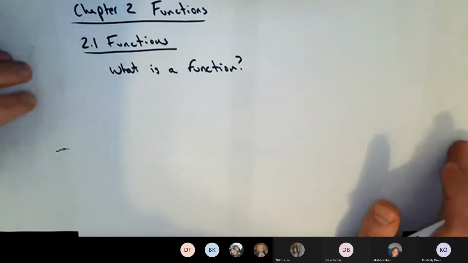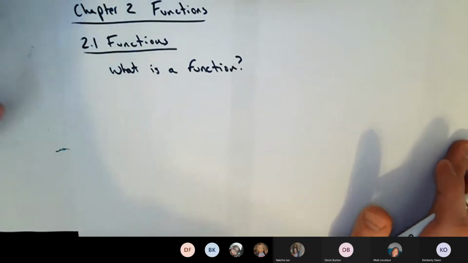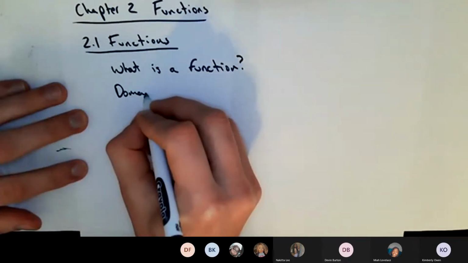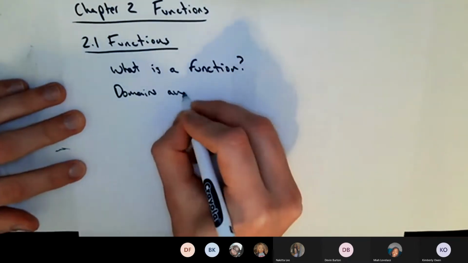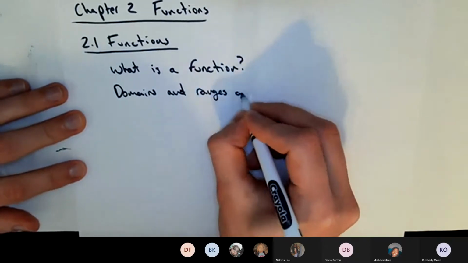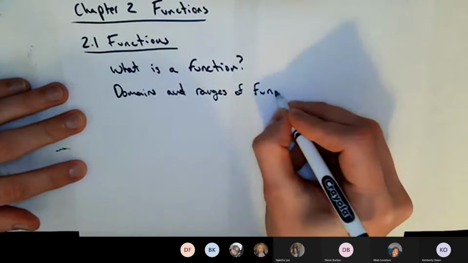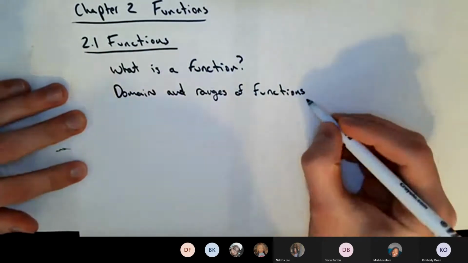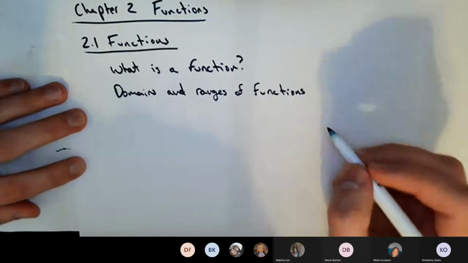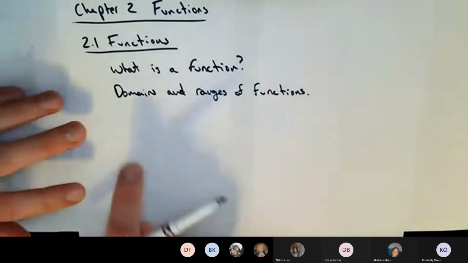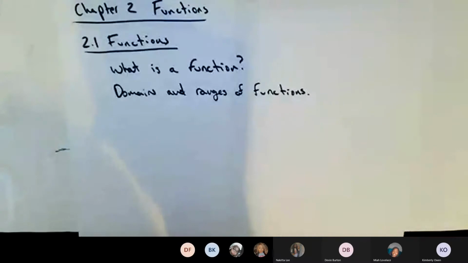We'll do a lot of examples with it to make sure we're all on the same page about what a function is. We're going to talk about domains and ranges of functions, more so on the domain side, but we'll talk about ranges as well. You can't really talk about domain without at least mentioning ranges. So we'll talk about what those are.